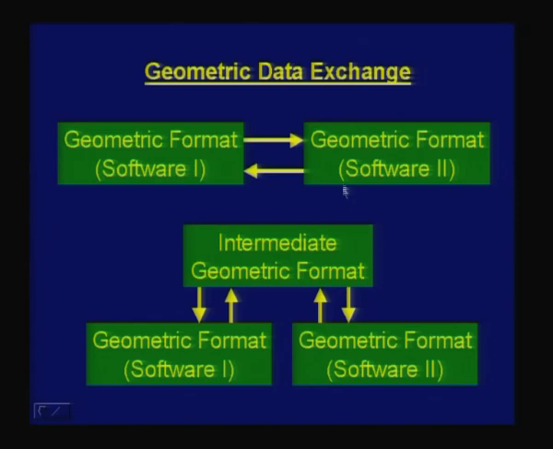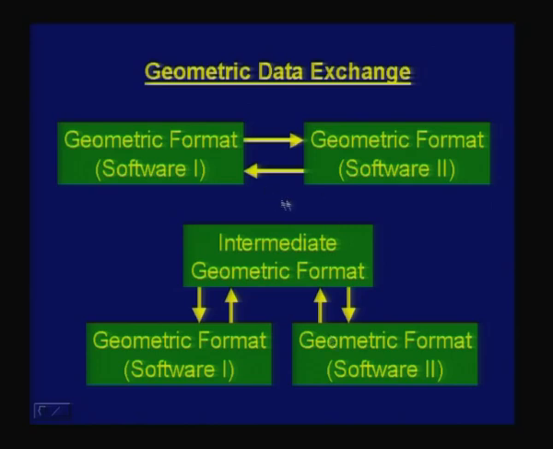Now, somebody may ask which one is more preferable. Here I am using only 2 translators, whereas here I have 4 translators. This actually depends on various factors. Usually the direct translation is more reliable. Sometimes when I am going through an intermediate format, there may be some information which is lost.